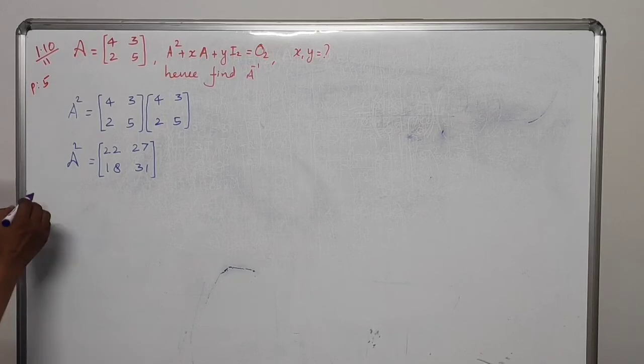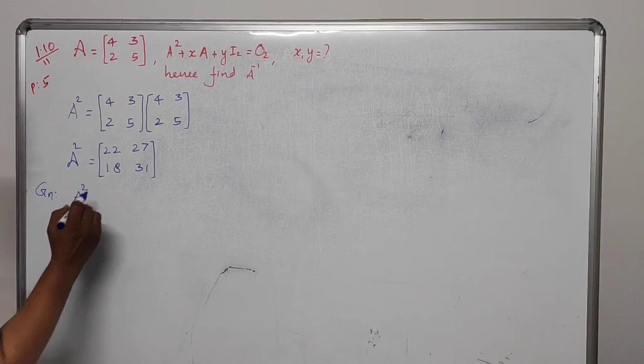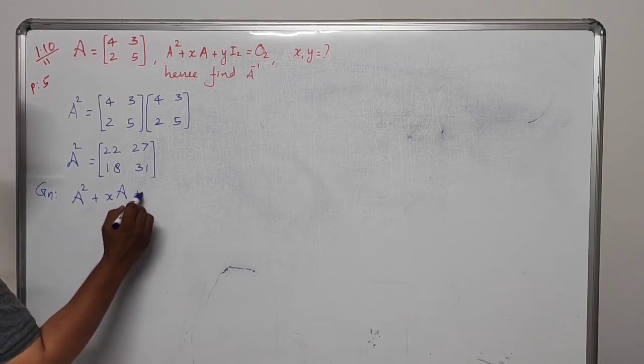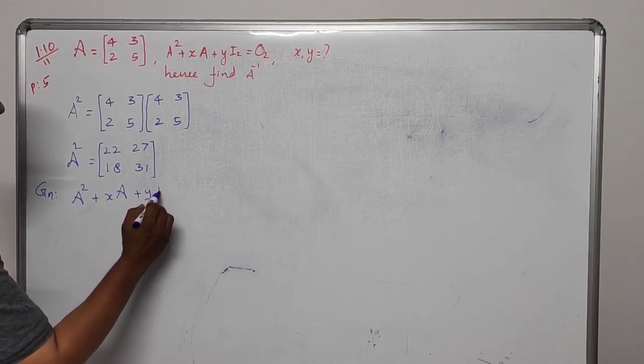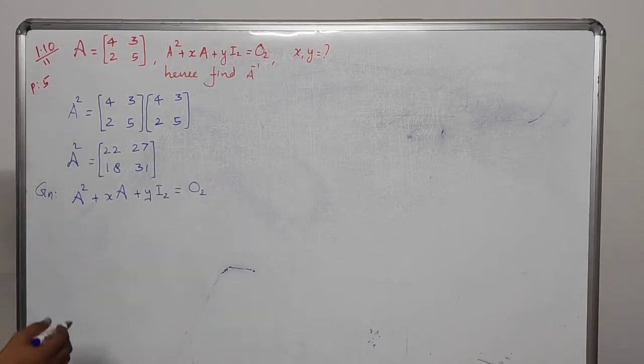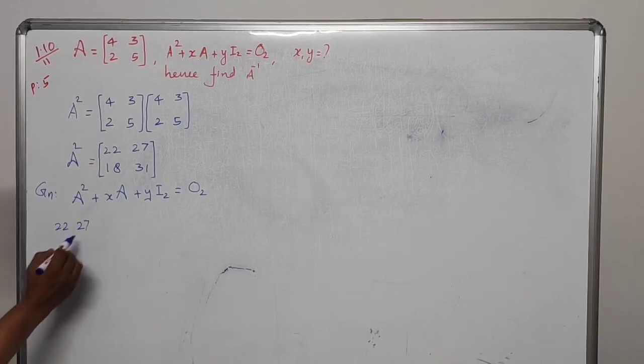Then after that we can use this condition to find the values of x and y. Now we can write this given A square plus x into A plus y into I2 is equal to O2. Now here A square we have 22, 27, 18, 31.